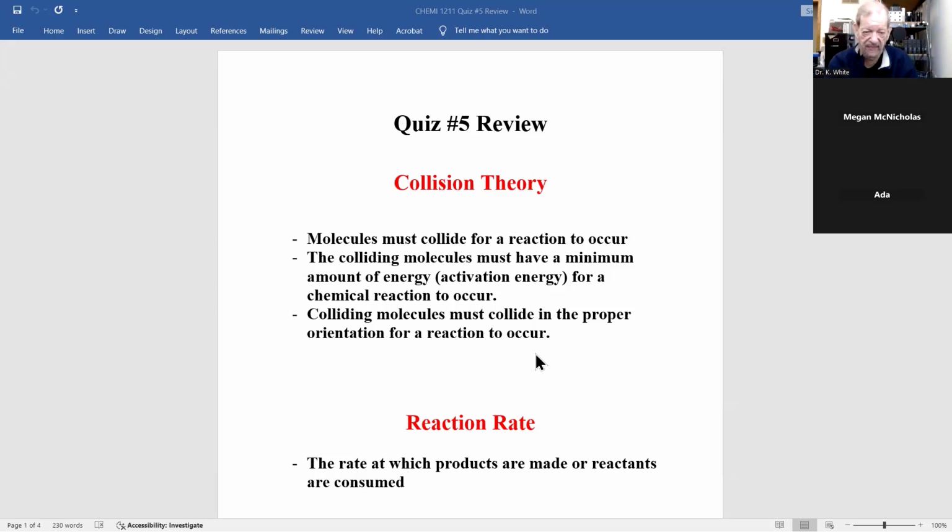Next, the colliding molecules have to have a certain amount of energy when they collide, and that's called the activation energy for a chemical reaction to occur. And colliding molecules for complex molecules have to have the proper orientation. It's like putting your key in the door. You have to have the key in the right way to fit in the lock. Same thing for molecules coming together.